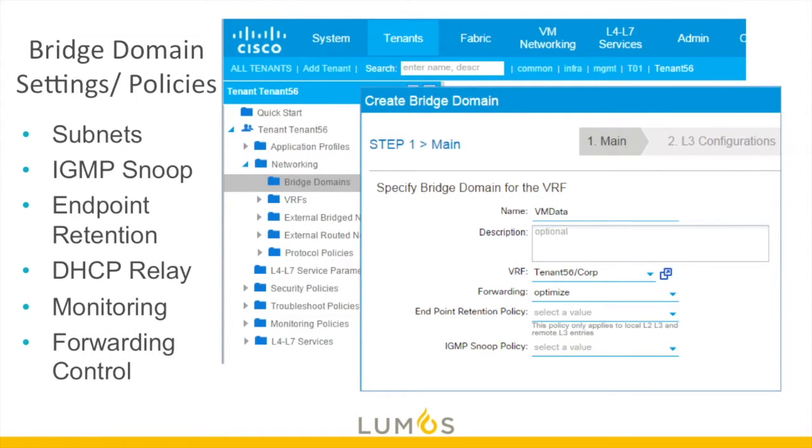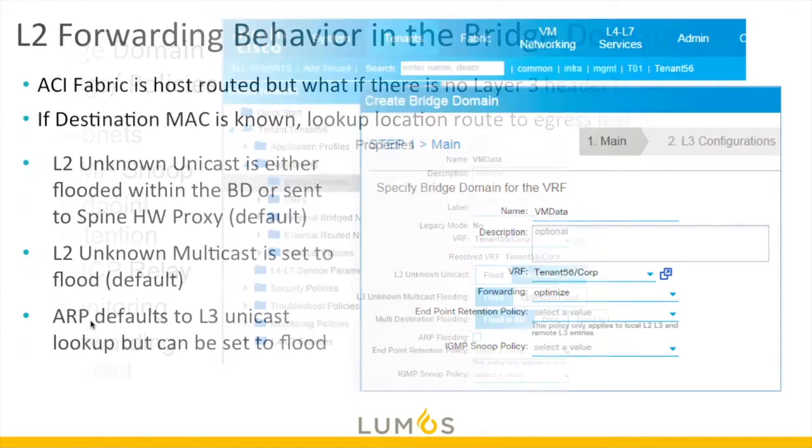When we create a bridge domain, we give it a name and we associate it to a given VRF. If you do not associate it to a VRF, it will not work. Endpoint retention, we can do DHCP relay, monitoring, forwarding control, etc.